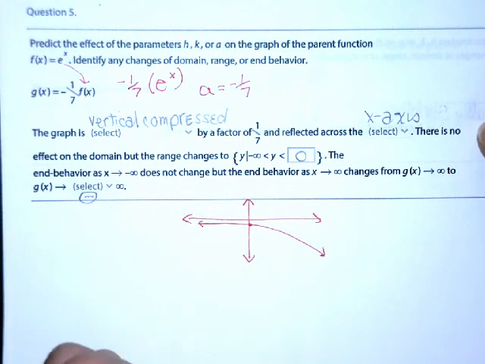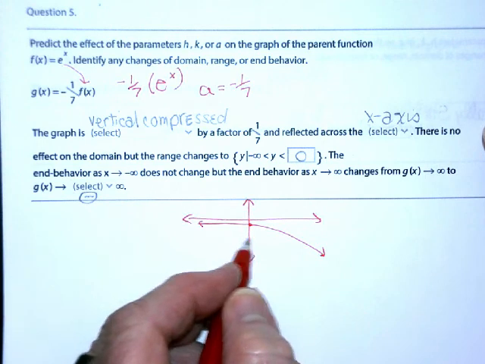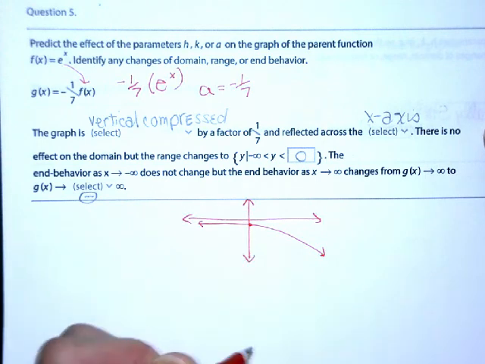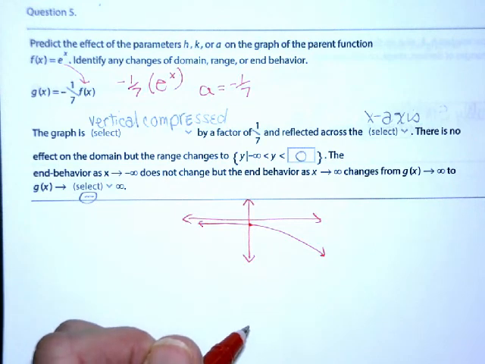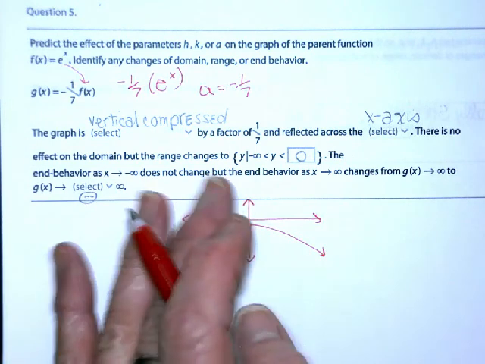So if I put a 0 in here, my y-intercept would be a negative 1/7, instead of at 1, it's squeezed up next to the axis.